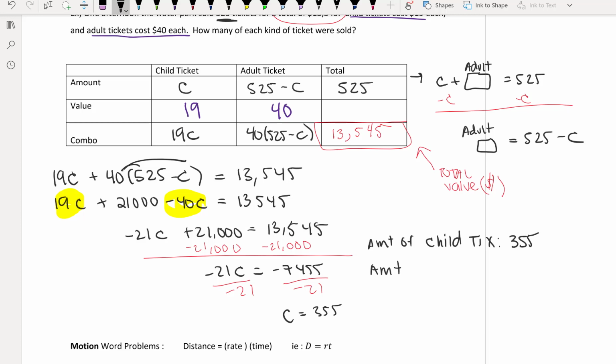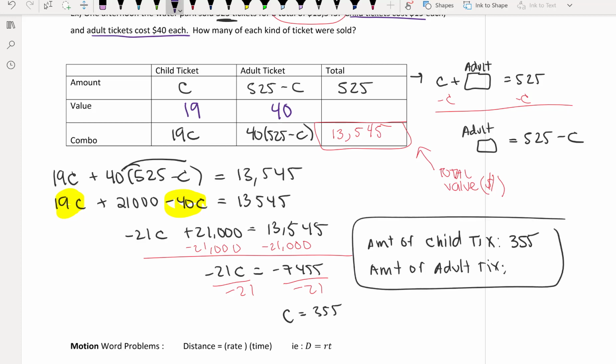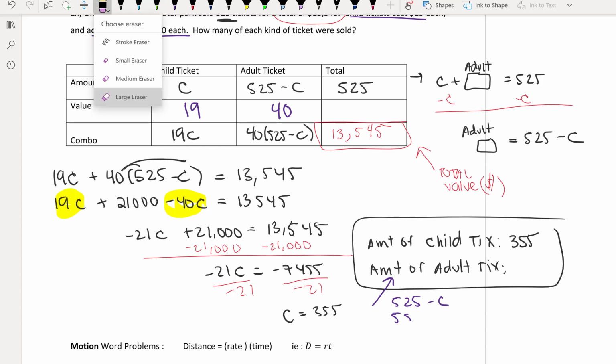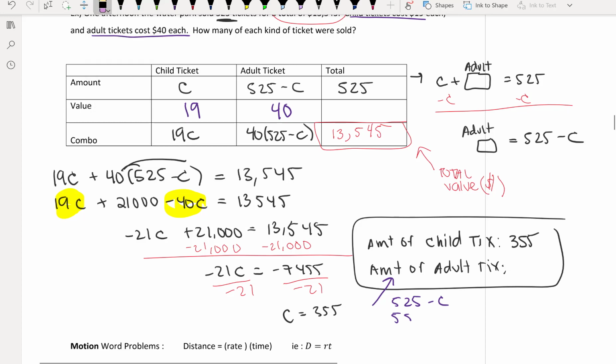So then the amount of adult tickets, well, that can be easily figured out since here it's 525 minus C, so 525 minus that 355. And that gives me equal to 170. So I have 170 for the amount of the adult tickets.